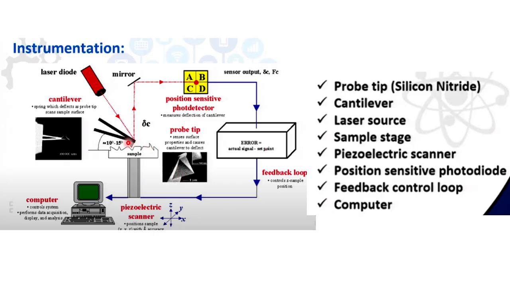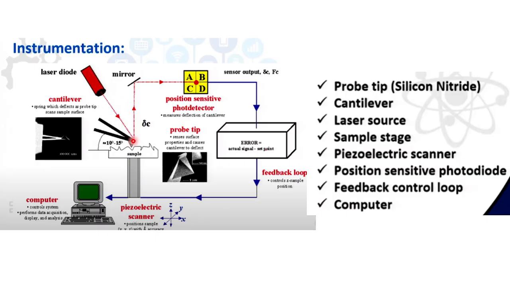So this is the probe tip, this is the cantilever, and since it is tapping the surface of your sample, based on the force generated from the interaction between the probe and the surface, this cantilever will bend. When it is bending, there is a laser diode.